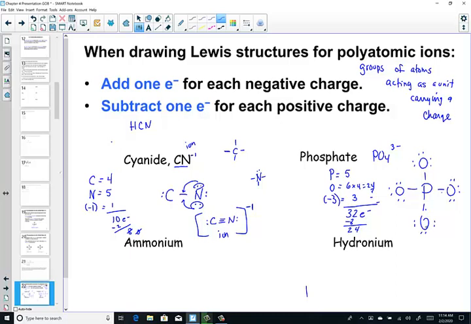So then we had enough to complete the octet. 1, 2, 3, up to 24 dots, leaving us 0. Then what you'll see is in a bracket and the charge outside, that's the polyatomic ion phosphate.